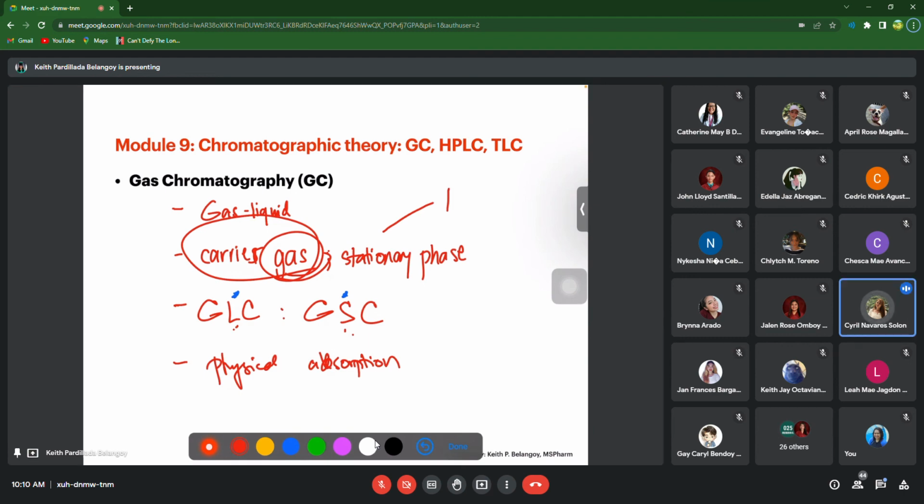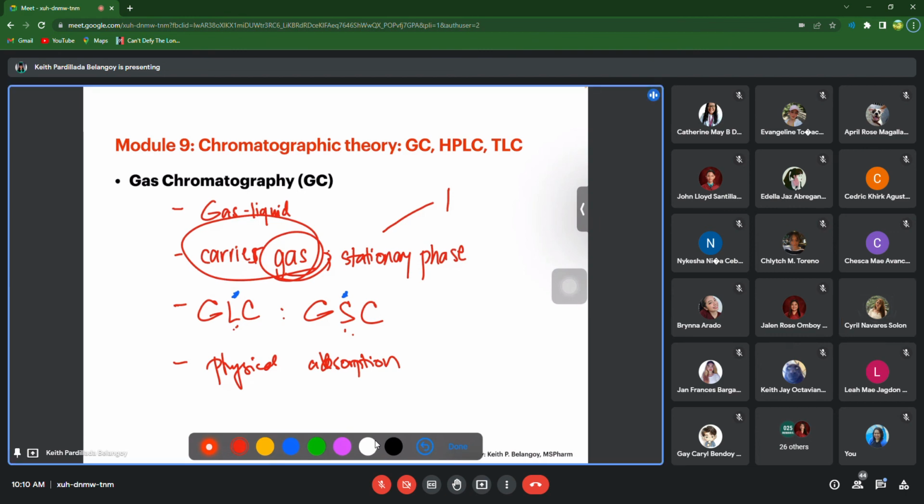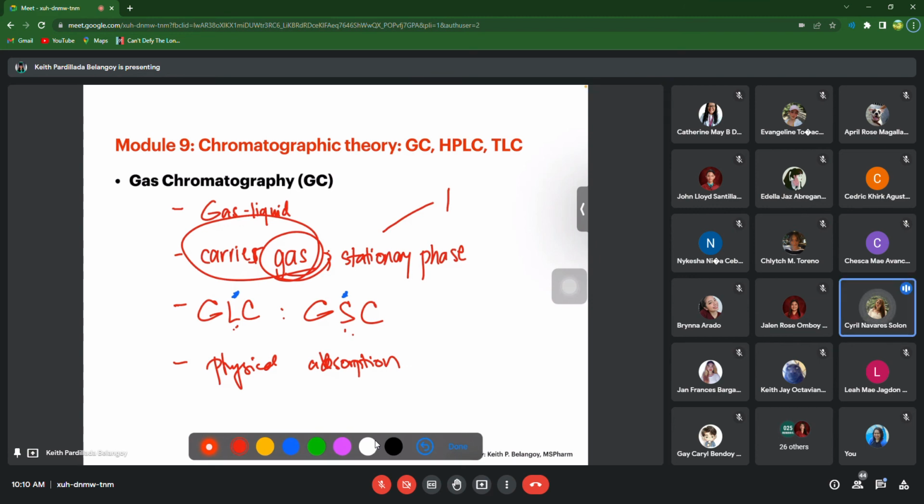Compounds that have a greater affinity for the stationary phase spend more time in the column, and those elute later and have a longer retention time than samples that have a higher affinity for the mobile phase.